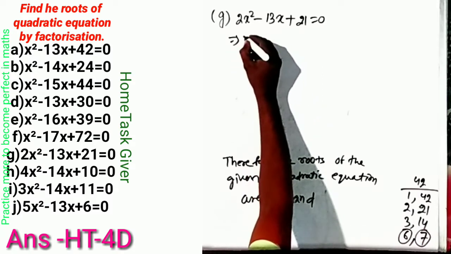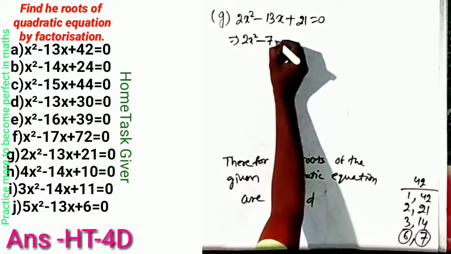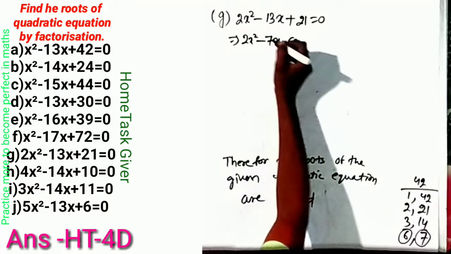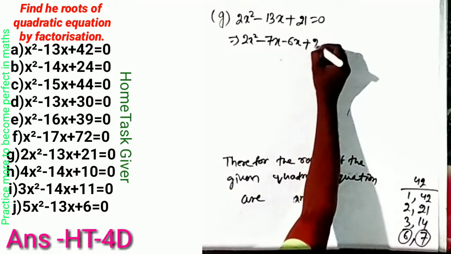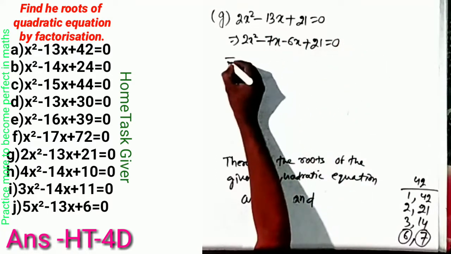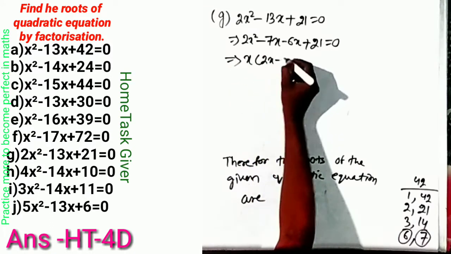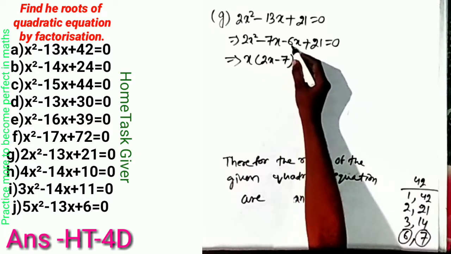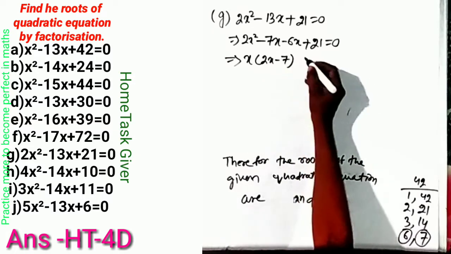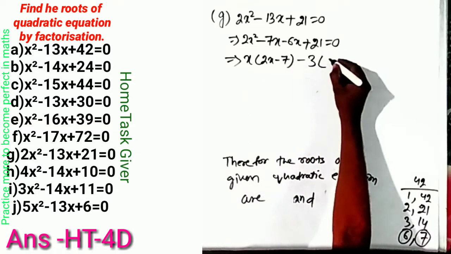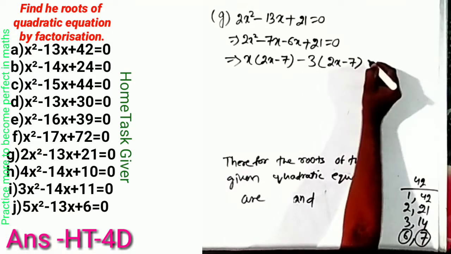So 2x square minus 7x minus 6x, equal to minus 13x, plus 21 equal to 0. Imply that take x as common, x common लिया तो 2x minus 7, and here take minus 3 common, minus 3 common लिया आएगा ये 2x minus 7 equal to 0.